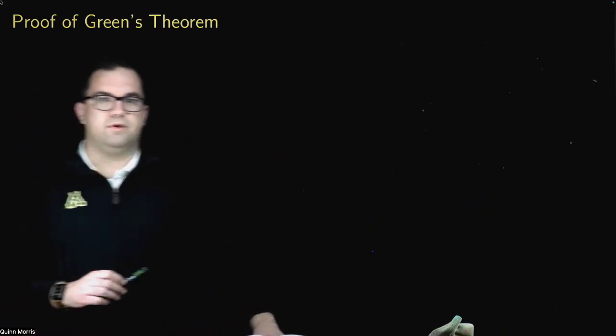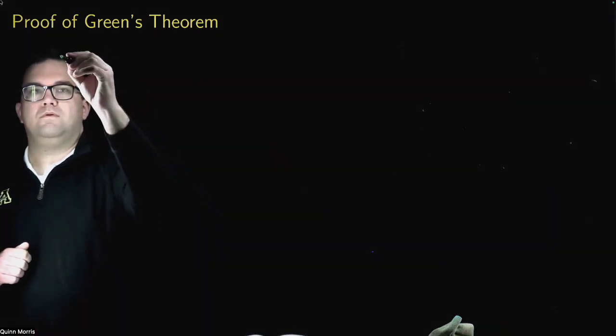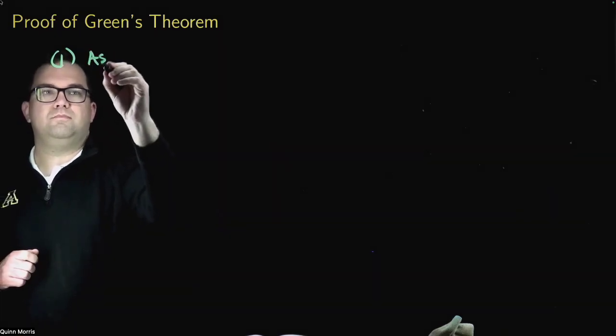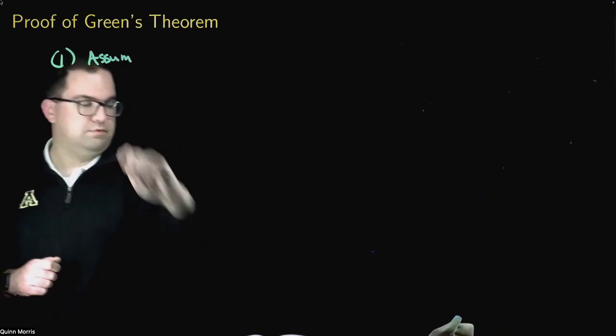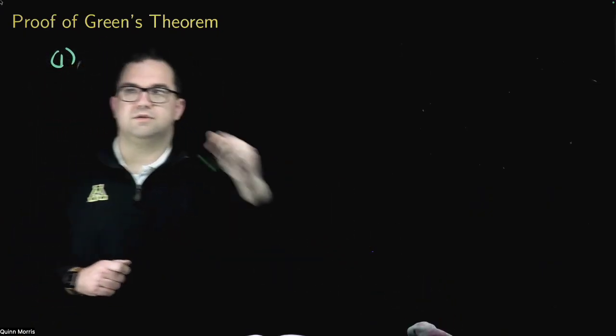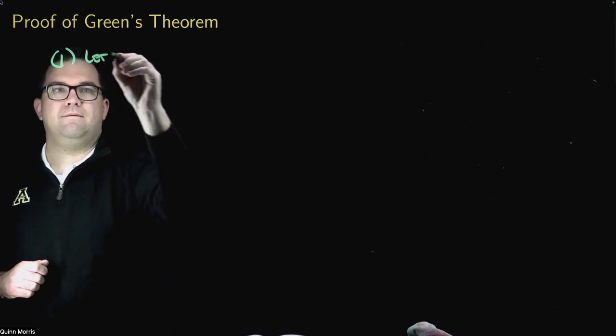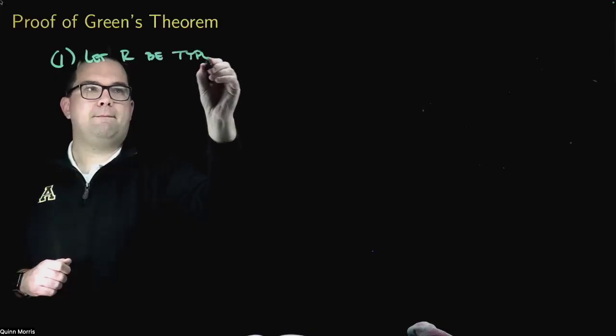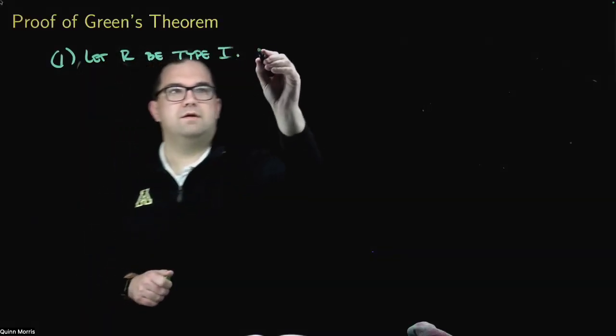So the first thing we will assume, well, we're not really assuming because this is what we're proving it for, so let R be type 1. Well, what does that mean?